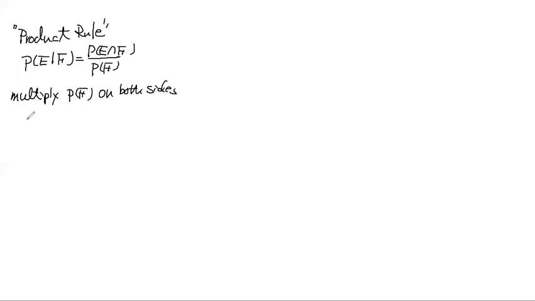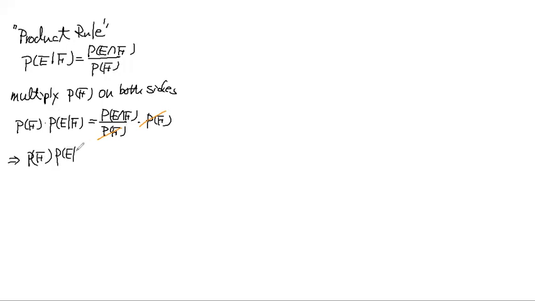The probability of F times the probability of E given F will be equal to the probability of E given F times the probability of F over the probability of F. So this one cancels. So you will get the probability of F times the probability of E given F is equal to the probability of E intersection F. Okay, so this is what we call the product rule.